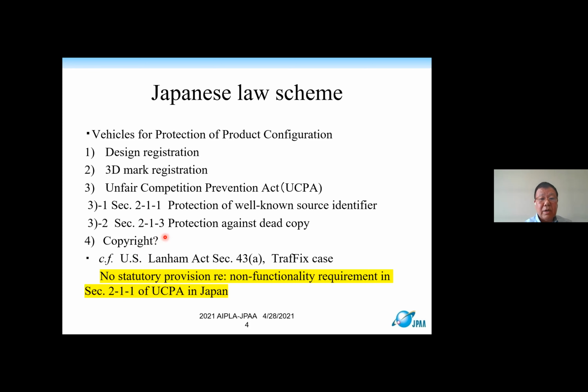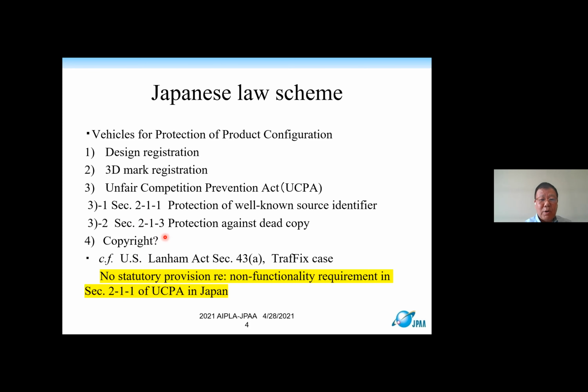But this section has a statutory limitation of 3 years from the release date of the product to the market, so sometimes it's not available. And also there might be copyright. But as you may know, in Japan, the scope of copyrightability is very narrow. So most product configurations cannot be copyrightable in Japan, I would say.